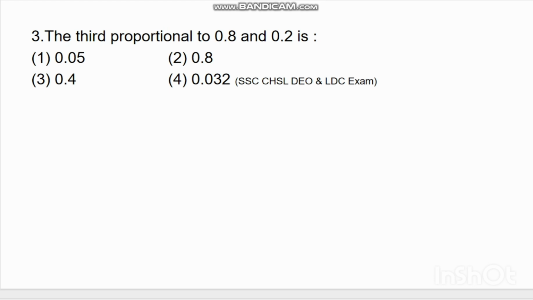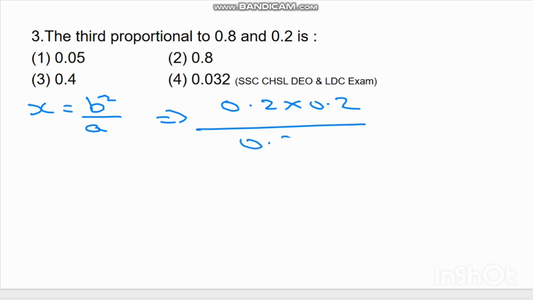Given here, the third proportion. So guys, we know that the third proportion is nothing but x equal to b square by a. Here b is 0.2, so 0.2 into 0.2 by 0.8.